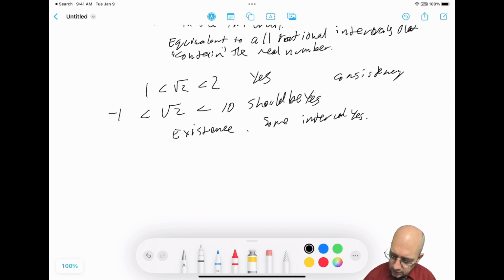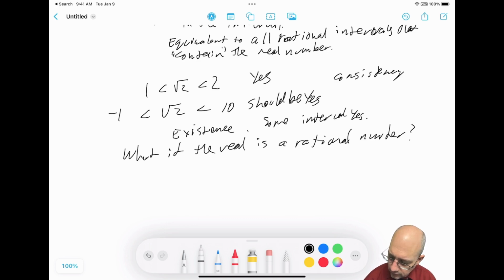Now, there's also properties involving what if the real number is a rational number. So, for example, square root of 4 equals 2, right? So I could be thinking, oh, square root of 4, that's a real number.